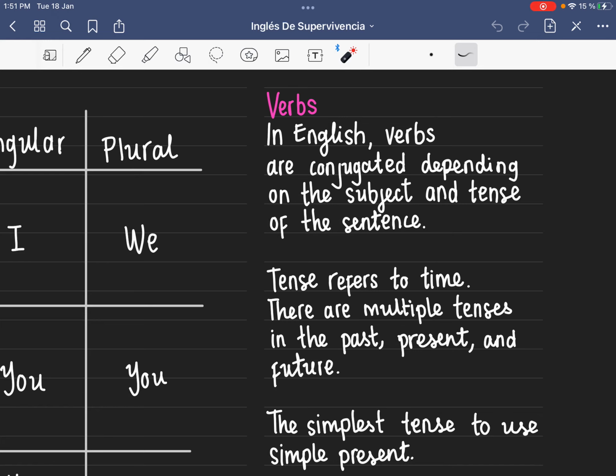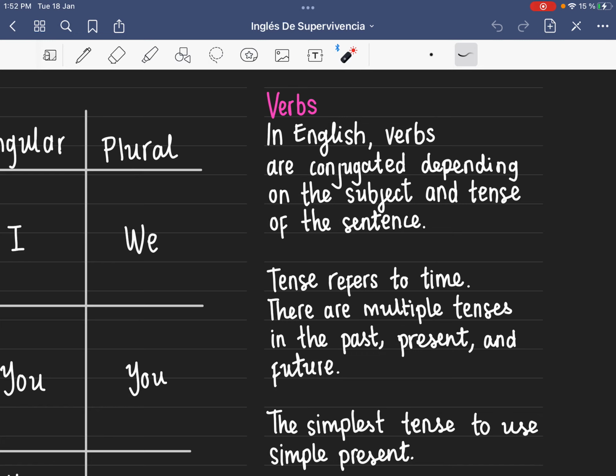Con tiempo verbal me refiero a tiempos en el pasado, en el presente y el futuro. Cuando digo tiempos en el pasado, presente y futuro, me refiero a que hay varios tipos de tiempos verbales en el pasado, varios tiempos verbales en el presente y varios tiempos verbales en el futuro.